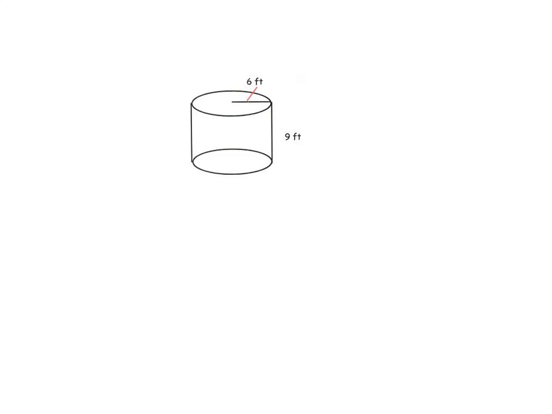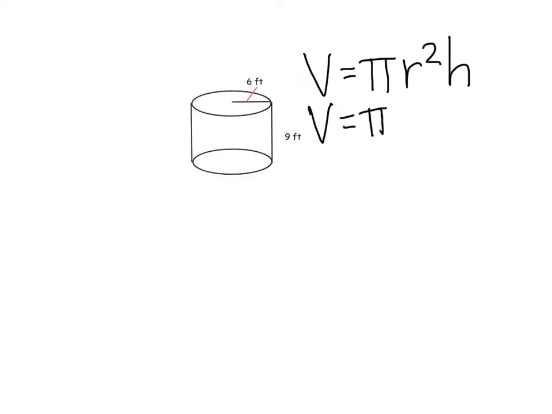All right, pause your video and then restart the video to check your answer. Welcome back from pausing the video. Let's start with our formula. And now let's substitute. The radius is 6 feet. And the height is 9 feet. 6 squared is 36.